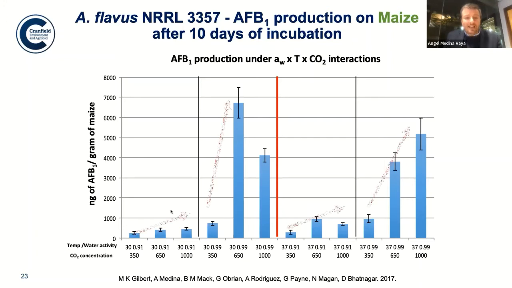And what you can see is that in all conditions, the general trend was that when we included CO2 in the picture, the amount of toxin produced by this fungus was increasing. On some occasions, the increase was 99 times higher.